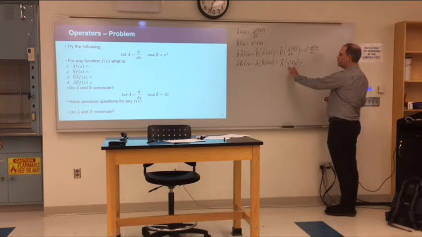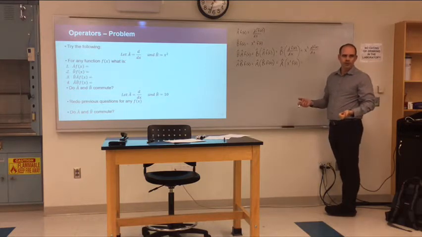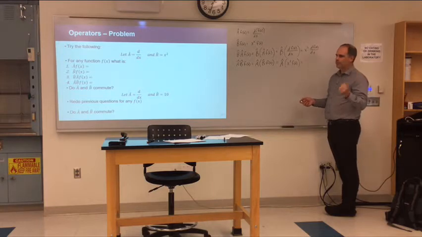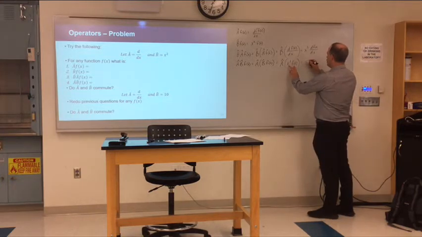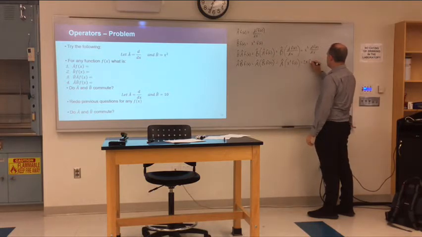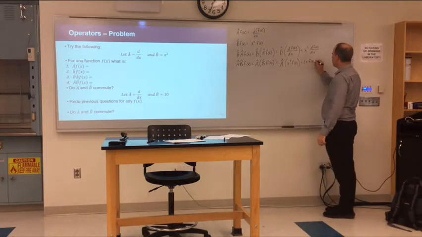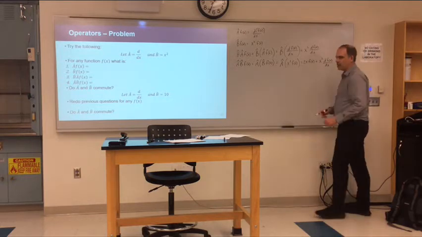Okay, so here we have two different functions, and a hat is taking the derivative, so we're going to have to use the product rule: the first times the derivative of the second plus the second times the derivative of the first. So this would be 2x, the derivative of the first times the second, plus the first times the derivative of the second.